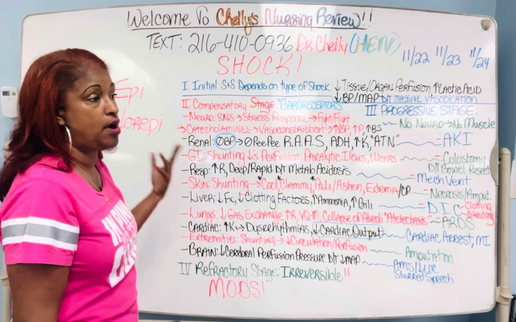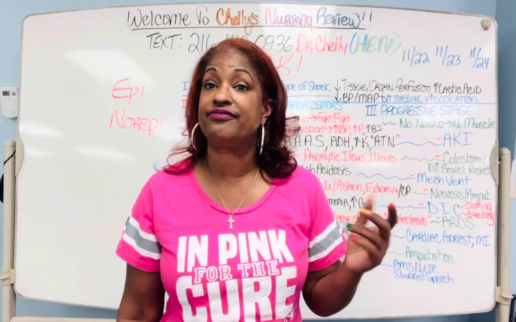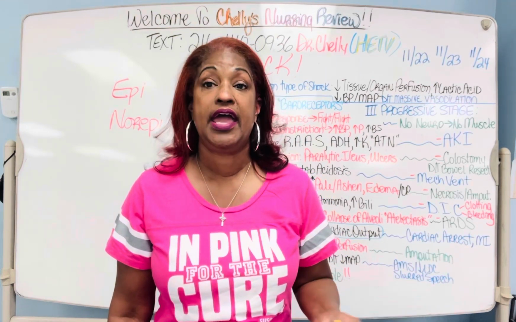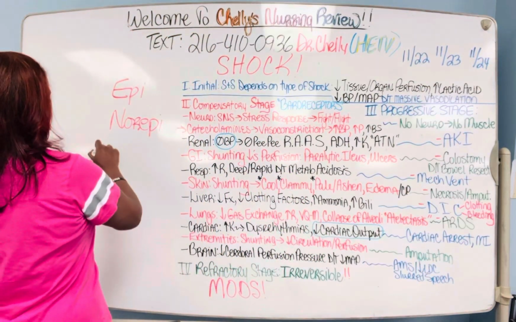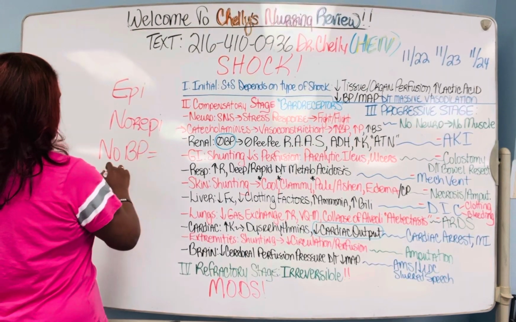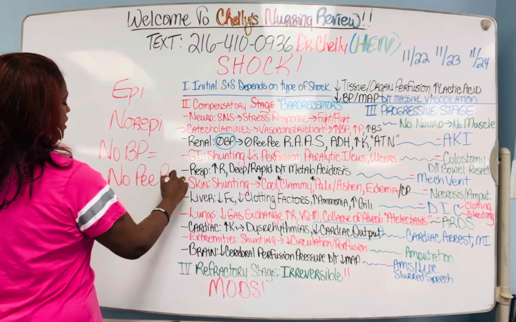The next part of your body that's going to respond to shock is the renal system. The kidneys are like, what are you doing? I need blood perfusion. In fact, I told you a long time ago, no BP equals no PP.